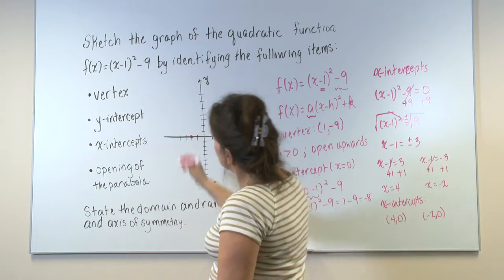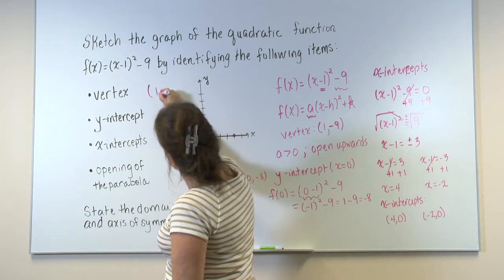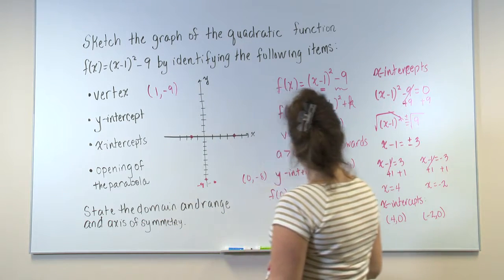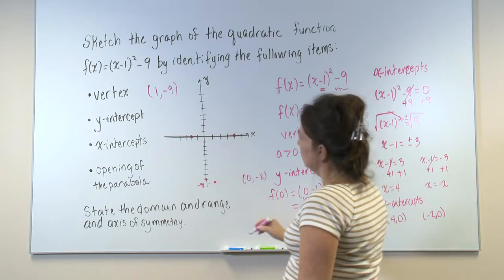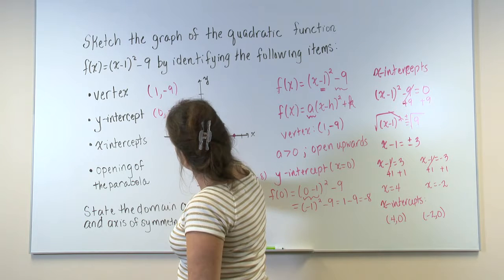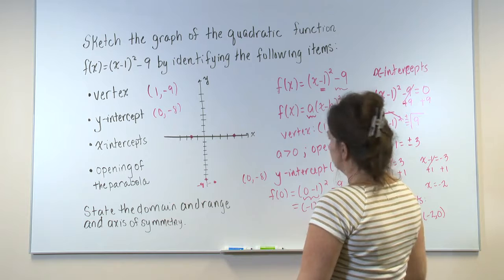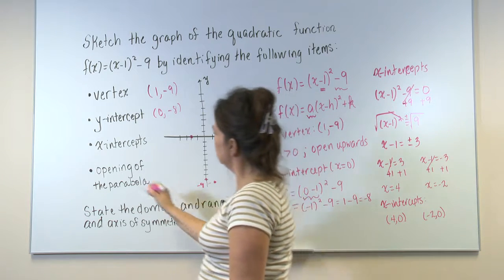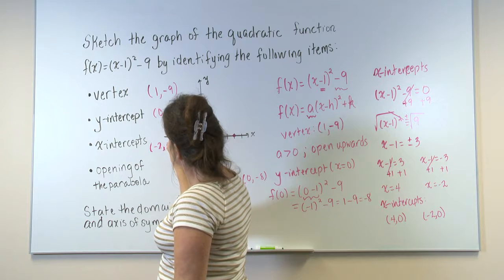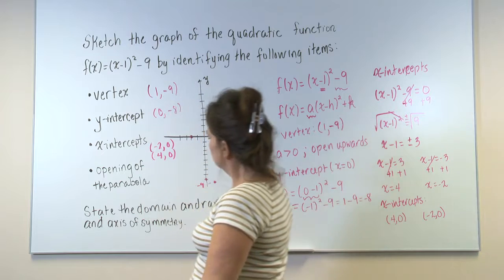So we've identified the vertex, and the vertex was (1, negative 9). We identified the y-intercept, the point (0, negative 8). We identified the x-intercepts. In this case, we had 2 x-intercepts. The x-intercepts were the points (negative 2, 0) and (4, 0).